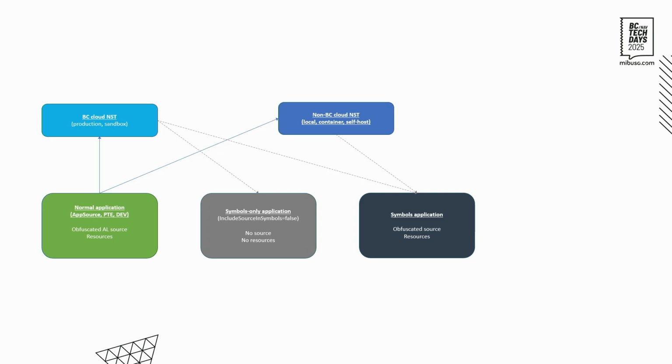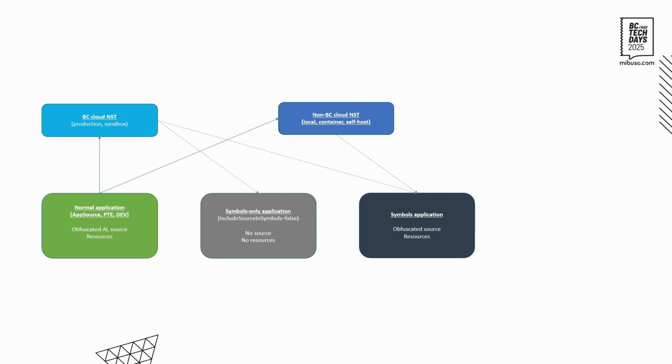And so I alluded in here that for the normal app, we have AppSource, but it's obfuscated, but it does contain AppSource, and it contains resources, that we heard Balash talk about, in raw format. The symbols either contain the obfuscated source or no source, and then also either resources or no resources if it's metadata only.